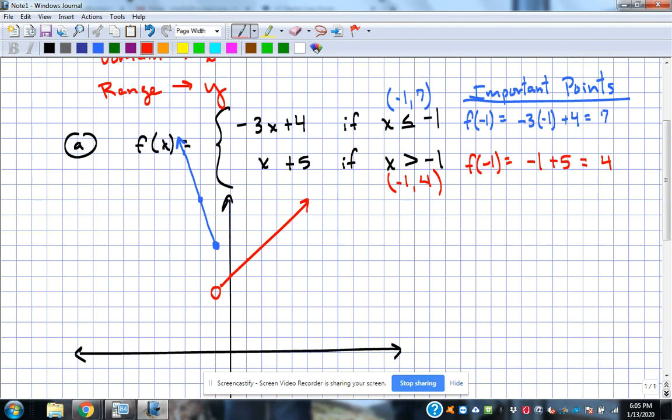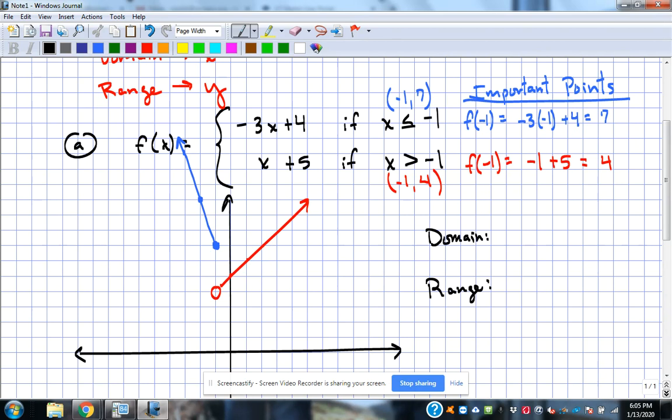Now, with that, let's talk about the domain. And we're also going to talk about the range. The domain you can actually get without having the graph. So if you get on a Canvas quiz and it only asks for a domain, you can actually get that. It tells you the domain right here in this part. It says all the x's that are less than or equal to negative 1.